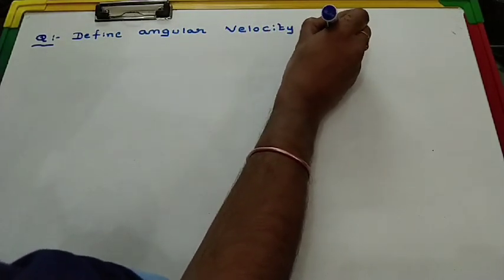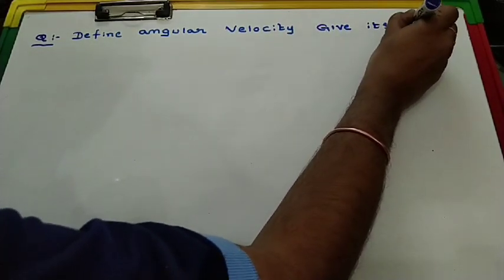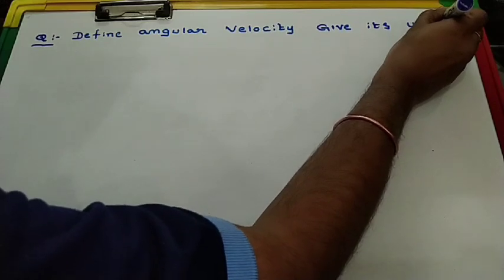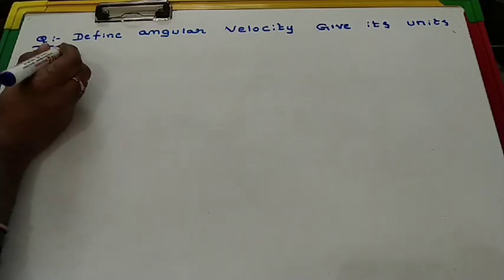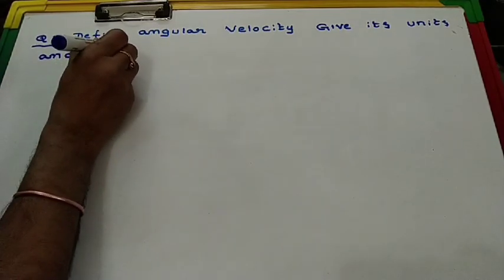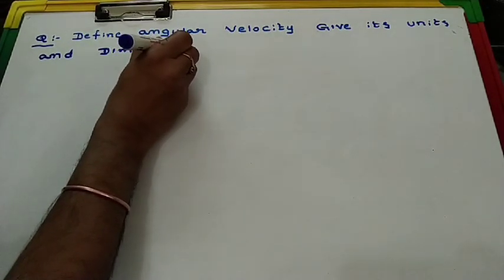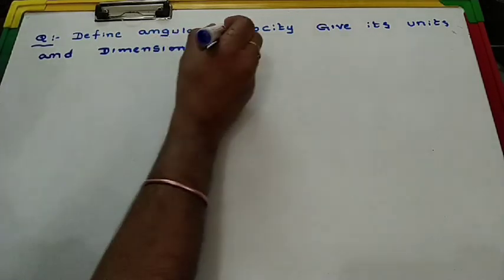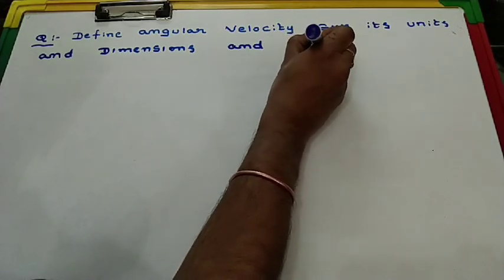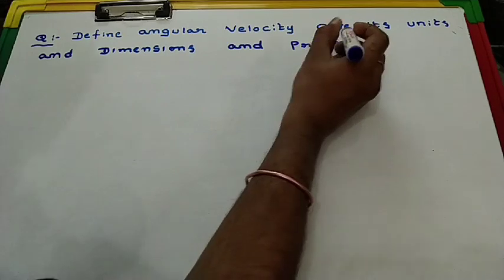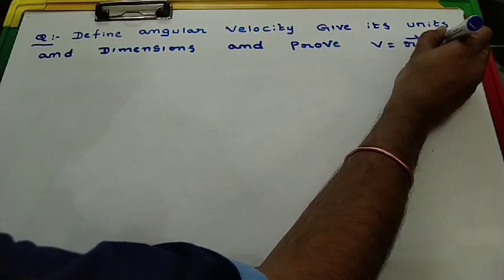Give its units and dimensions, and prove V is equal to r cross omega.